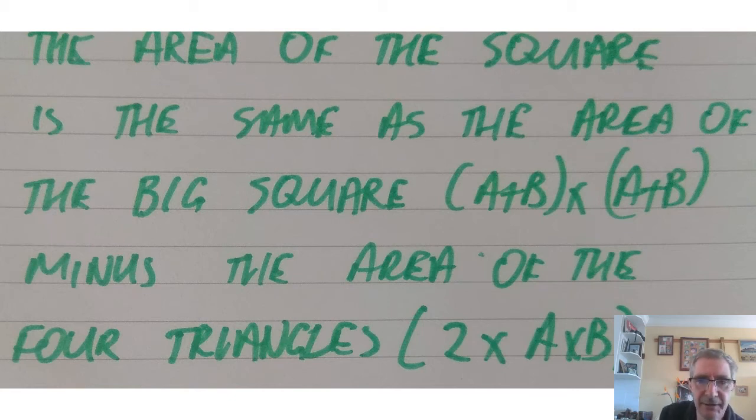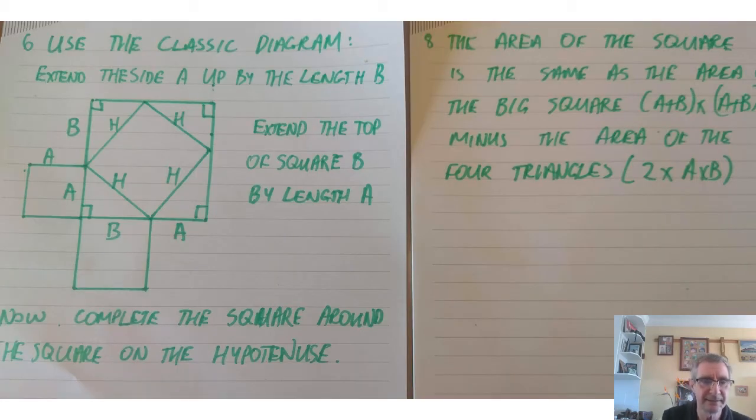Right, so the area of the square on the hypotenuse will be the area of the big square minus the area of the four triangles. Okay, so look at your diagram there, and we can see here is the big square, that is A, B, B, A, this big square here, and there are four triangles.